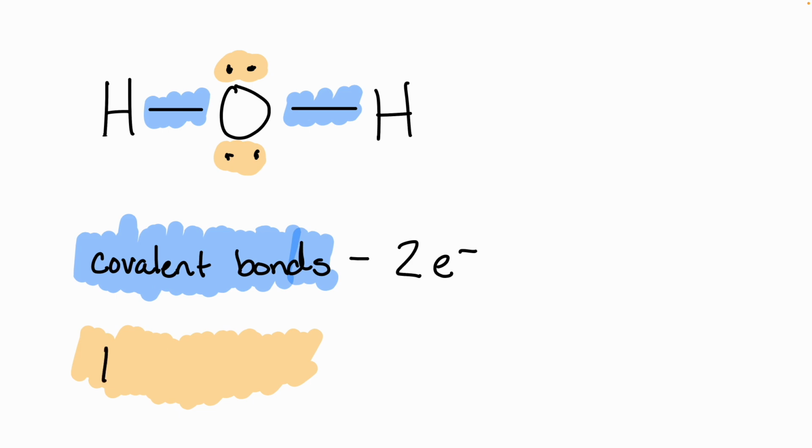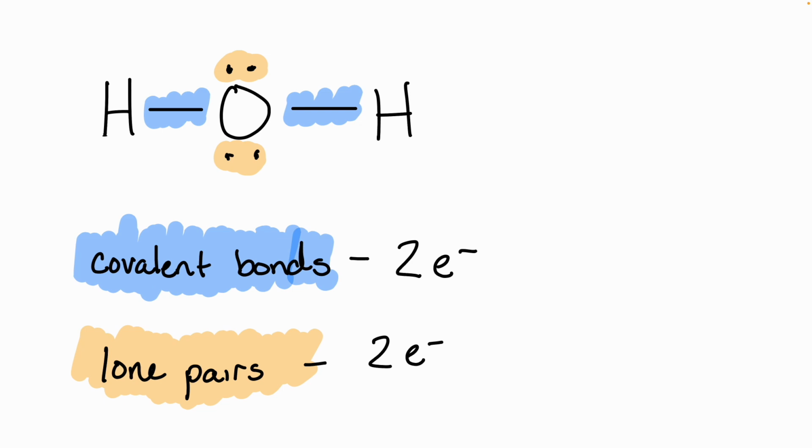Lone pairs. And each pair of dots is also 2 electrons. So looking at this water molecule here, what are the total number of electrons that we see on the board here? 8. So we got 2 for this covalent bond, 4 for this one, 6 for that lone pair, and 8 for that lone pair. So we can count the number of electron pairs we see in our Lewis structures.